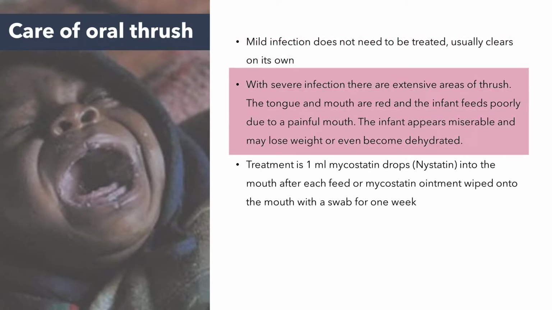With severe infection, there are extensive areas of thrush in the mouth. The tongue and mouth are red, and the infant feels poorly due to a painful mouth. The infant appears miserable and may lose weight or become dehydrated. Okay?